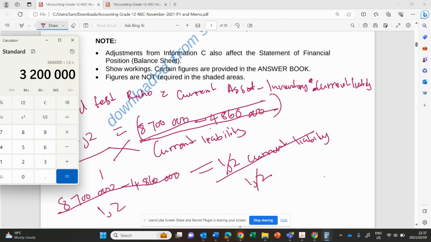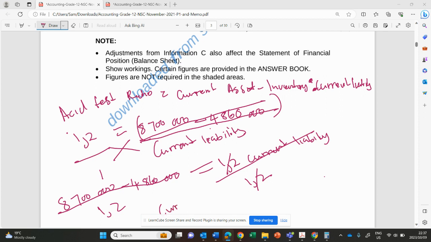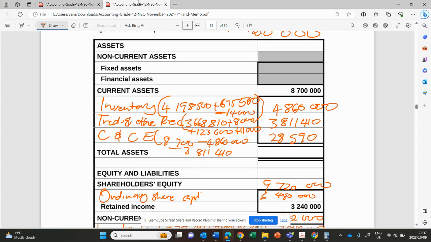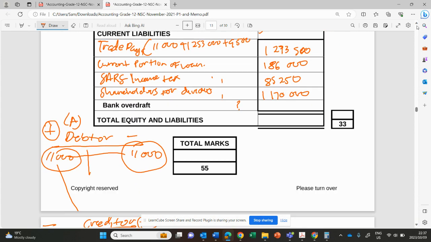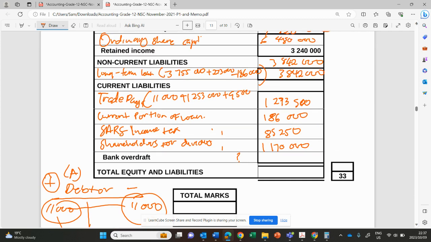I get 3,200,000. So it means the current liability is 3,200,000. Now we've got the current liability.